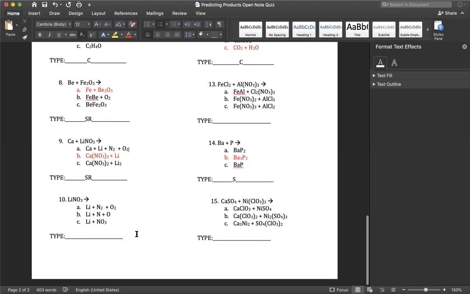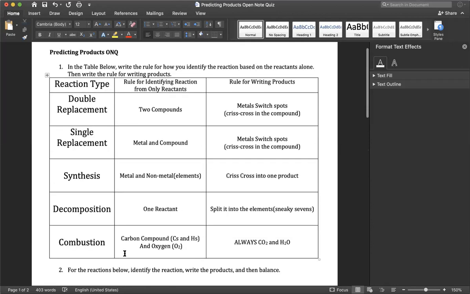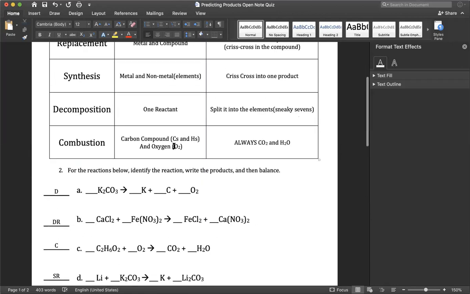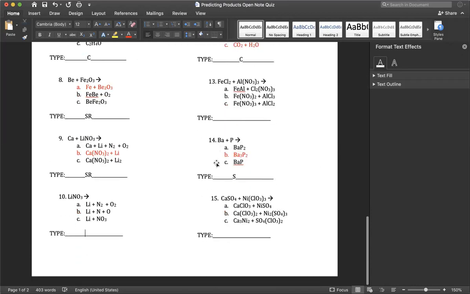Okay, so let's look at number 10. What type of reaction is number 10? We already said before, one reactant. Decomposition. So what I'm going to do is split it into the elements and watch out for sneaky 7s.